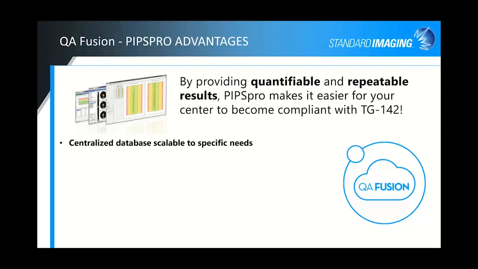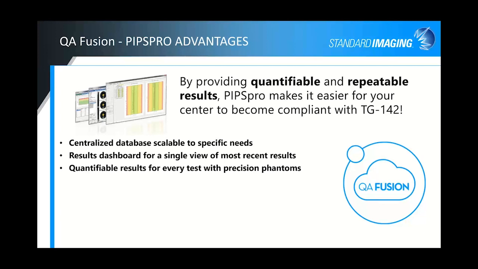Again, centralized database, scalable to specific needs, from the largest groups to the smallest individual radiation oncology centers out there. Have that results dashboard for a single view of your most recent results. Quantifiable results for every test with our precision phantoms or that cone beam Catphan phantom from Phantom Laboratories.